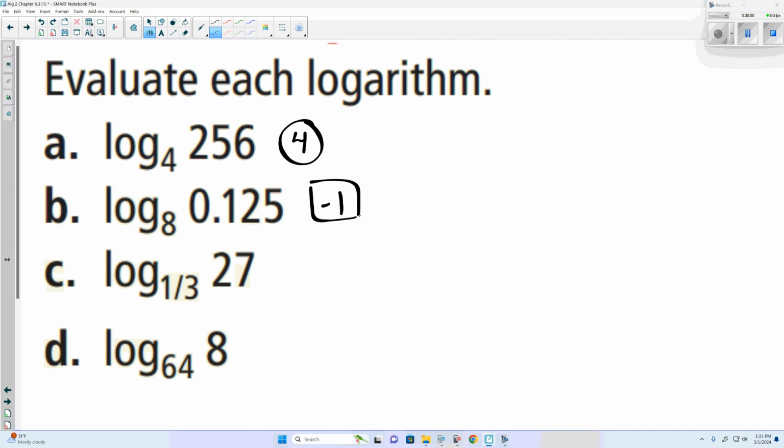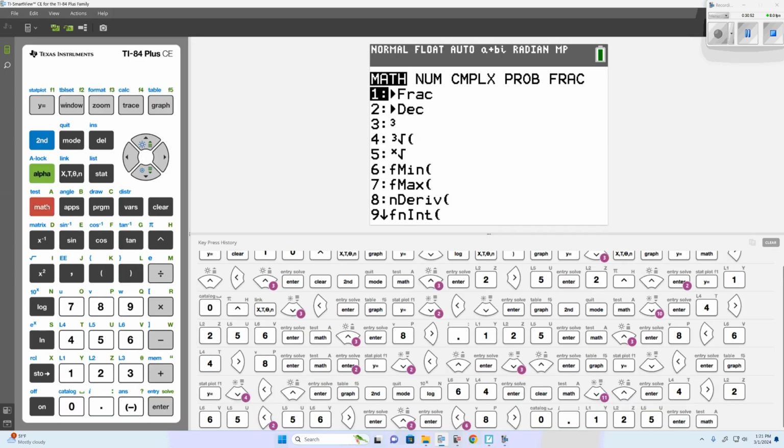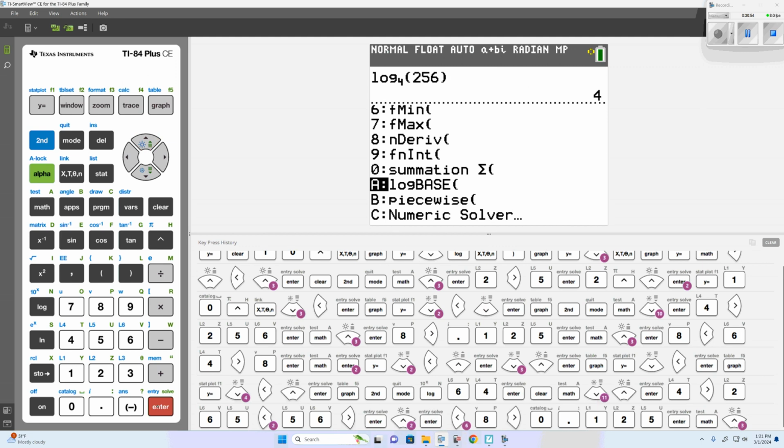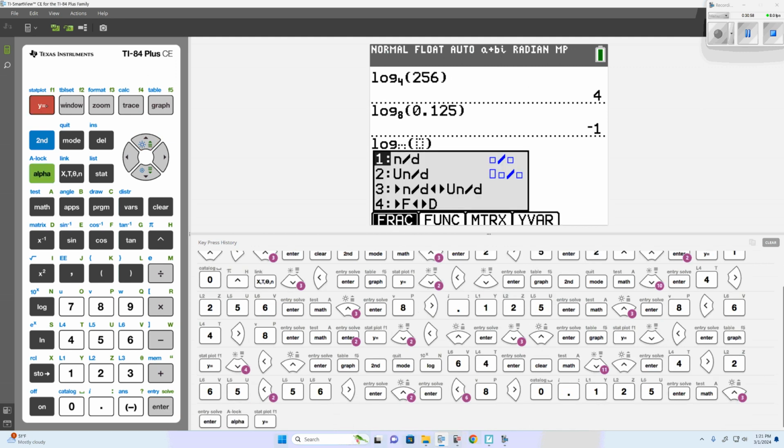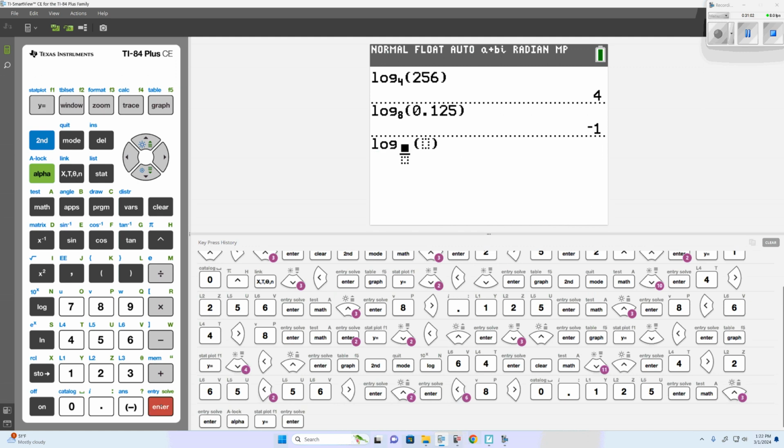So we can go math, log base. Our base this time is 1/3. So to get a fraction, we do alpha, y equals, enter, 1/3.